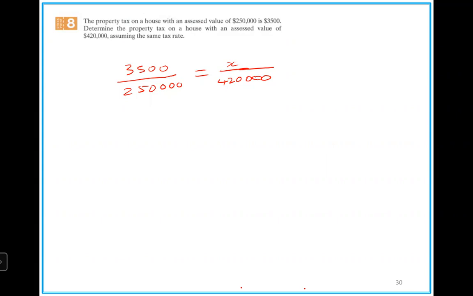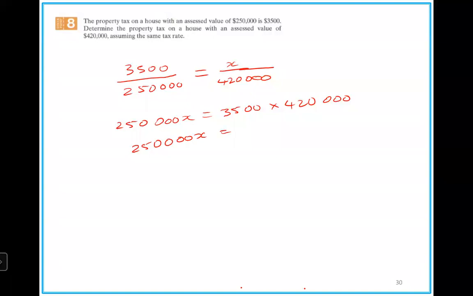So that's 3,500 times 420,000. That'll give me 250,000x equals 3,500 times 420,000.